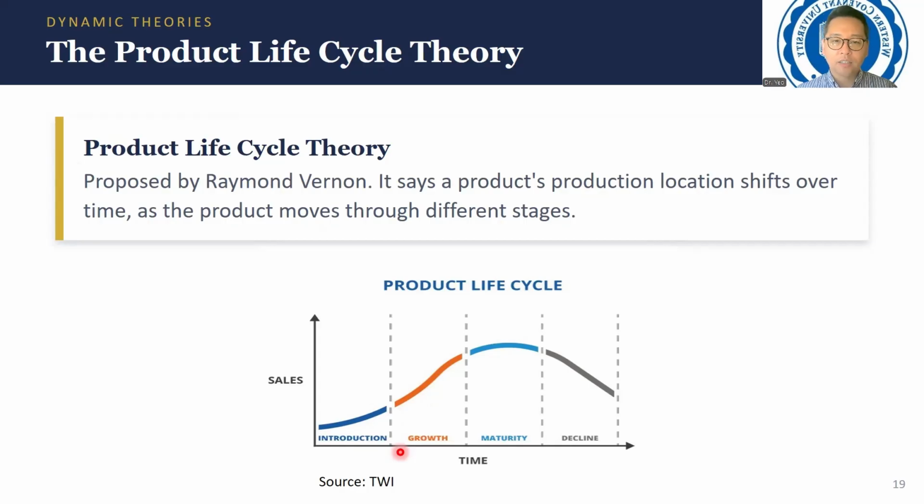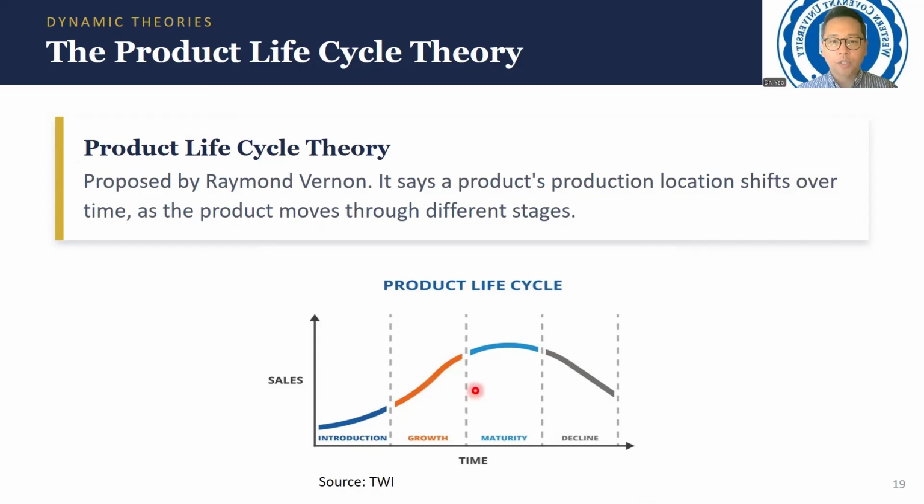Other advanced countries, like in Europe or Japan, start wanting to copy it. So to protect their market share and avoid high shipping costs or tariffs, the original company starts building factories inside those other developed countries. That's the phenomenon observed in the growth stage.